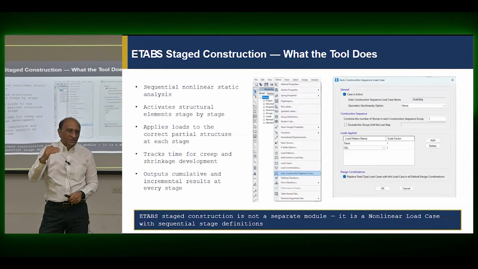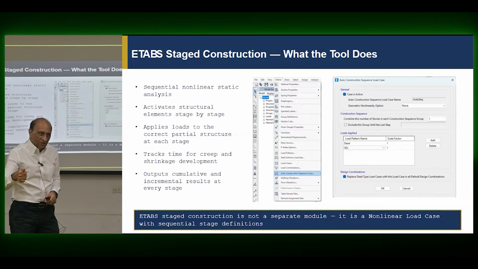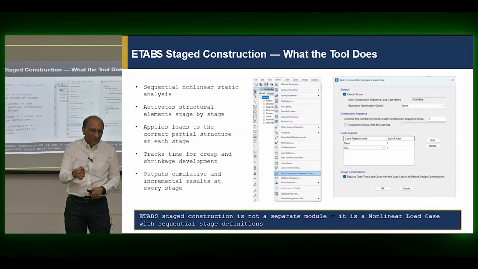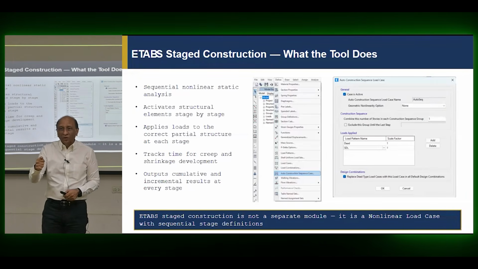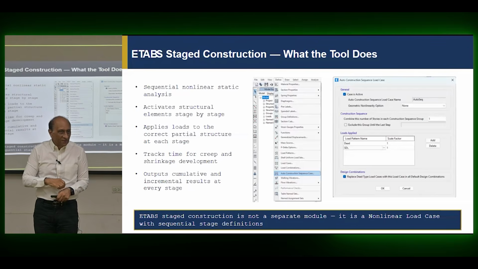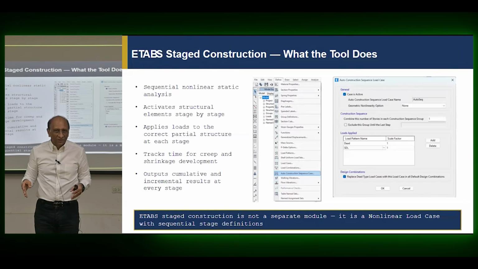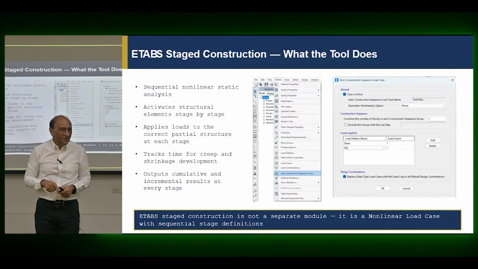Each construction stage has the option of adding a structure, applying a load, changing section properties, where you can do the nonlinear things, and then also remove structure. You can also say that at this stage, remove these columns now. So you can model the temporary columns in the structure, formwork removal.